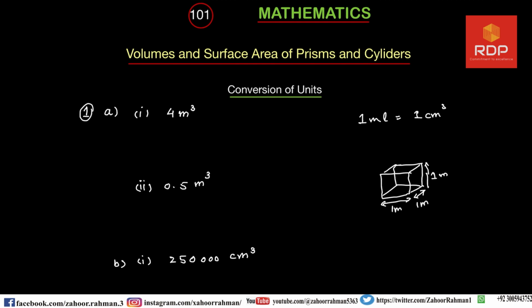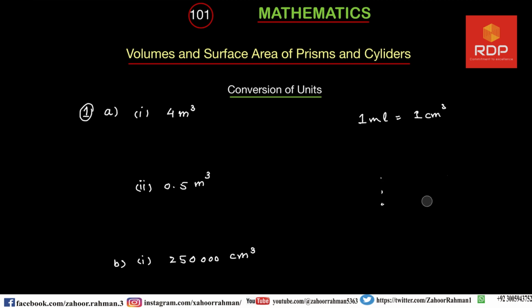But if 1 centimeter is the height, 1 centimeter is the length, and 1 centimeter is the breadth, then it will be 1 centimeter cube. If you are taking 1 centimeter cube, it means that you are taking a very small amount. Keep these things in mind while dealing with these sorts of questions.